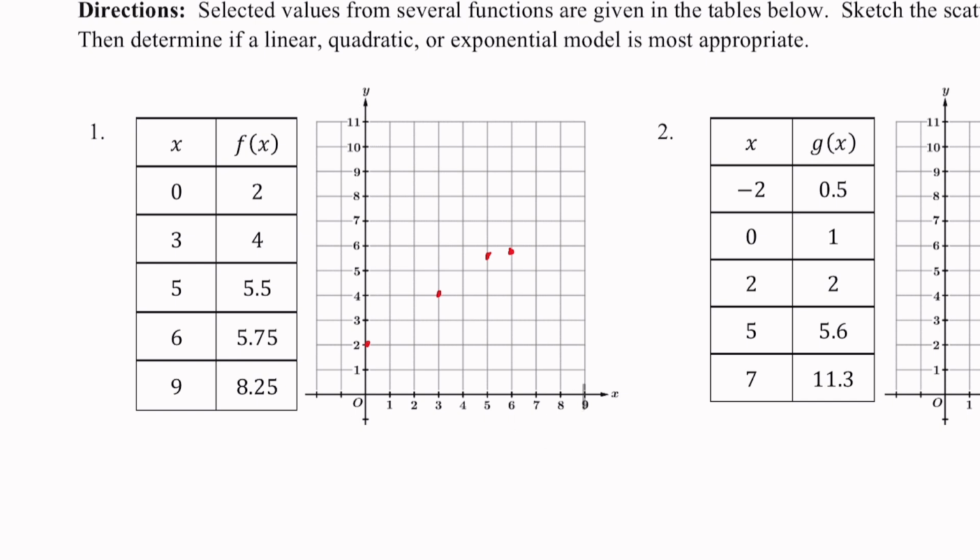Then we have 9 and 8.25. 25 is 1/4, so like right there. And so it kind of looks like a line, right? So it looks like a line, and we probably know what the other points are going to be on the left and right side. So this one is a linear graph.